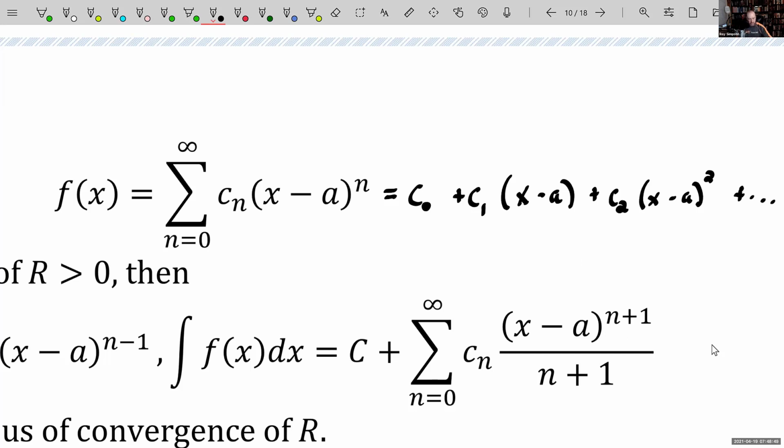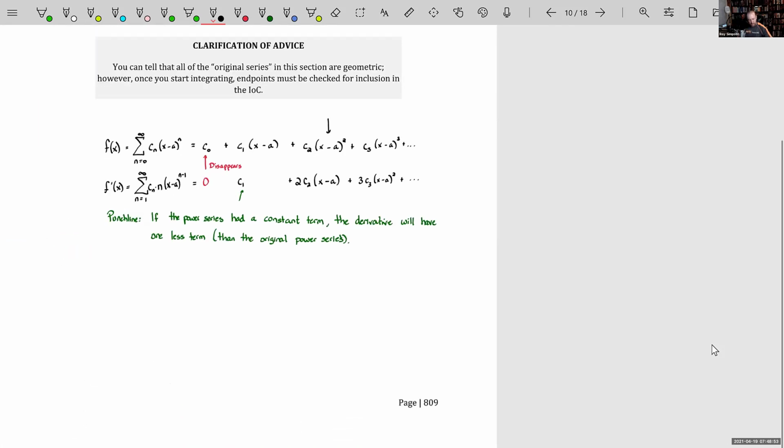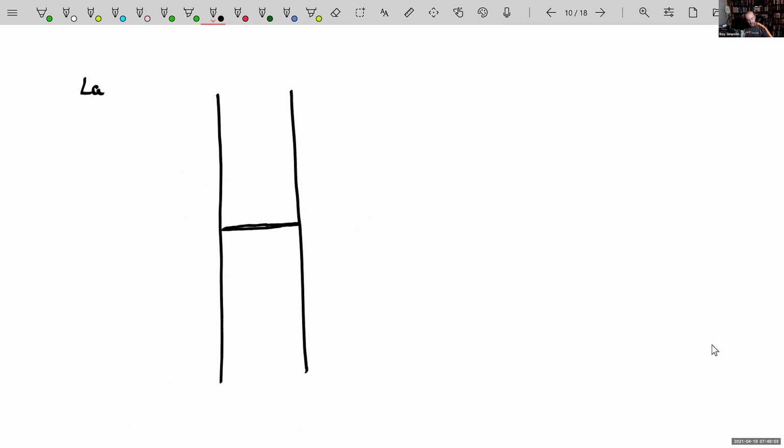I've always thought about this as climbing a ladder, if you will. I don't know why this makes sense to me, but let's just say that you're on this ladder right here, the ladder of calculus, I'll call it. So you have some function, and then you have its child function right here.